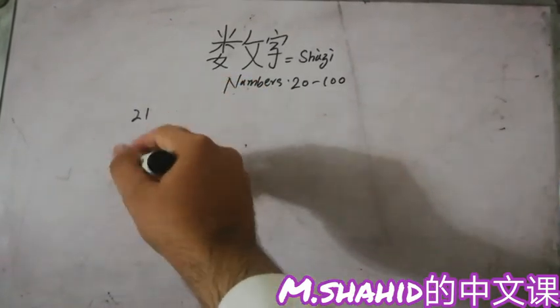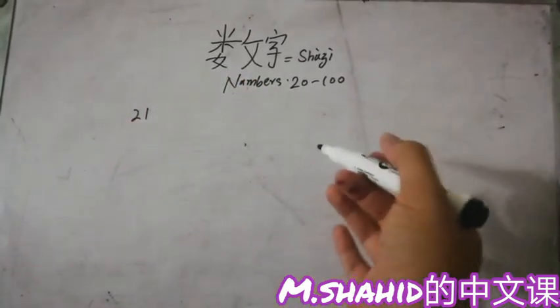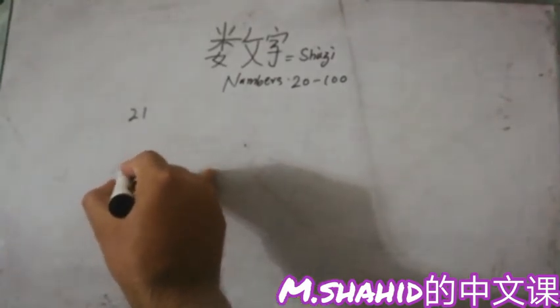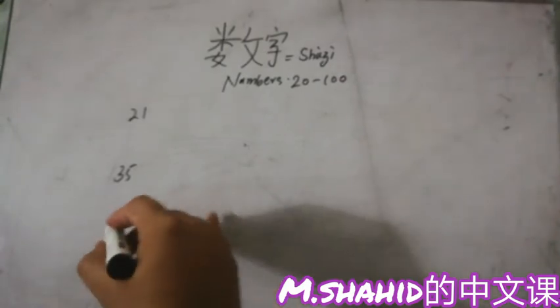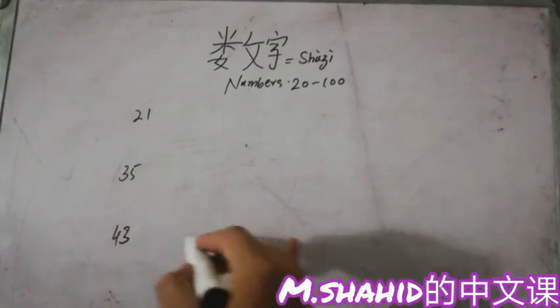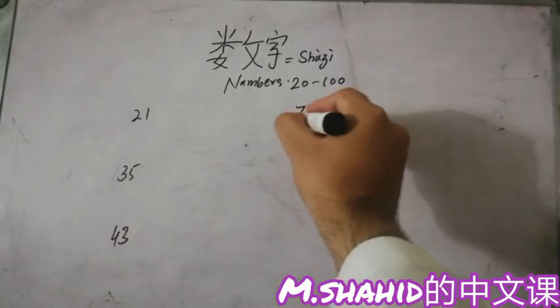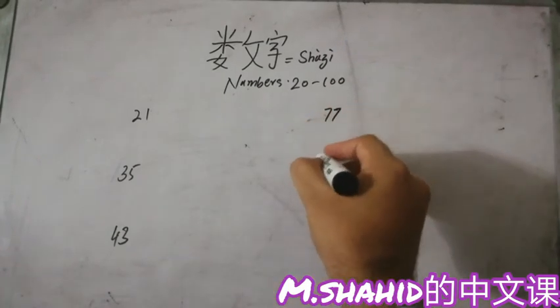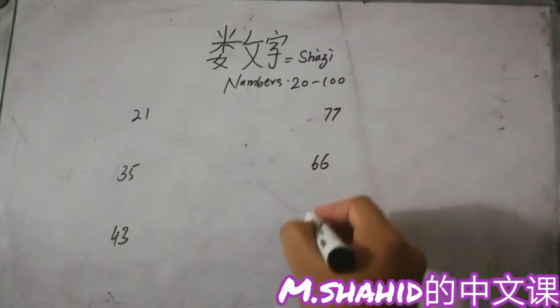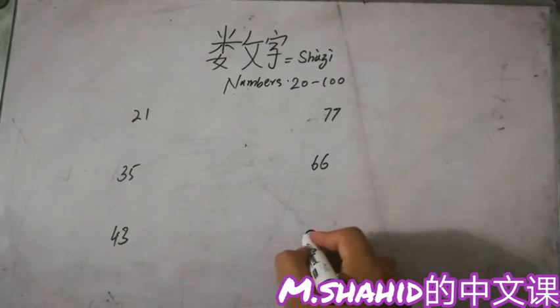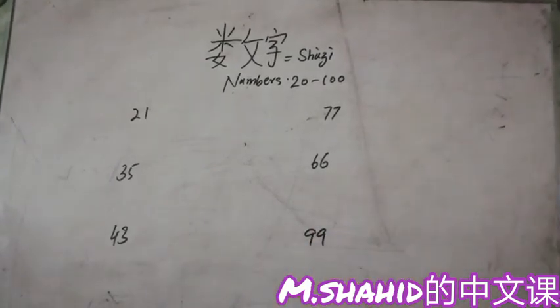So for example, I am writing random numbers now: 21, 35, 43, 77, 66, and 99. So let's start.